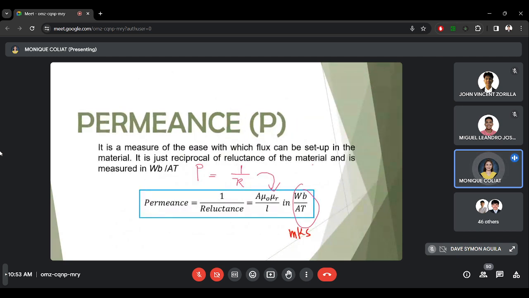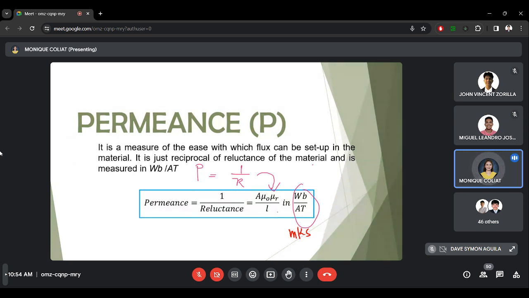Next is permeance. It is the measure of the ease with which flux can be set up in the material. It is just the reciprocal of the reluctance of the material, and it is measured in Weber per ampere turn. So P is equals to 1 over R. Literally, you will inverse everything.